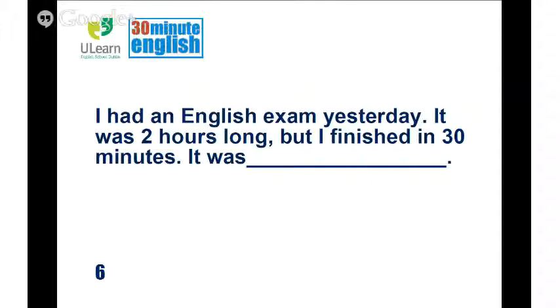So the next time somebody asks you about an exam you did, and if it was in fact an easy exam that you did, you can simply say it was a piece of cake. And he'll think, wow, your English is fantastic. Or if he doesn't know the idiom, he'll ask, why the hell are you talking about cake? I'm talking about an exam. But of course you studied your idiom, so you know exactly what it means.